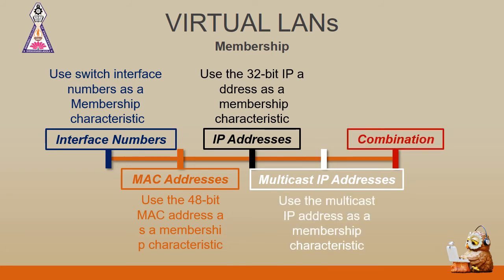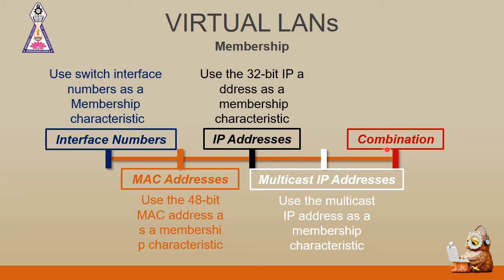And finally, the combinations. Since all these memberships are given by software, or VLAN is implemented in software, it gives the freedom to take the best features out of these and create new membership schemes dependent on these characteristics combined.